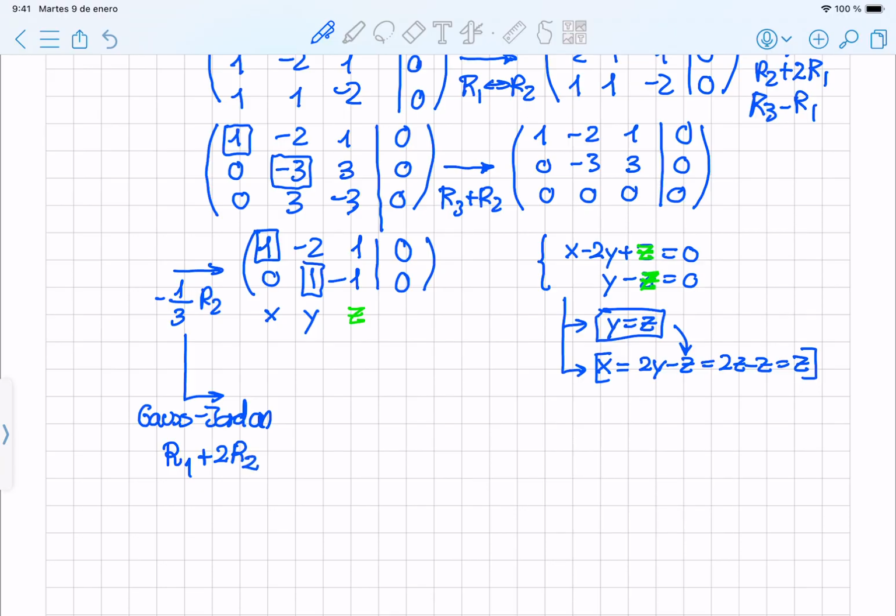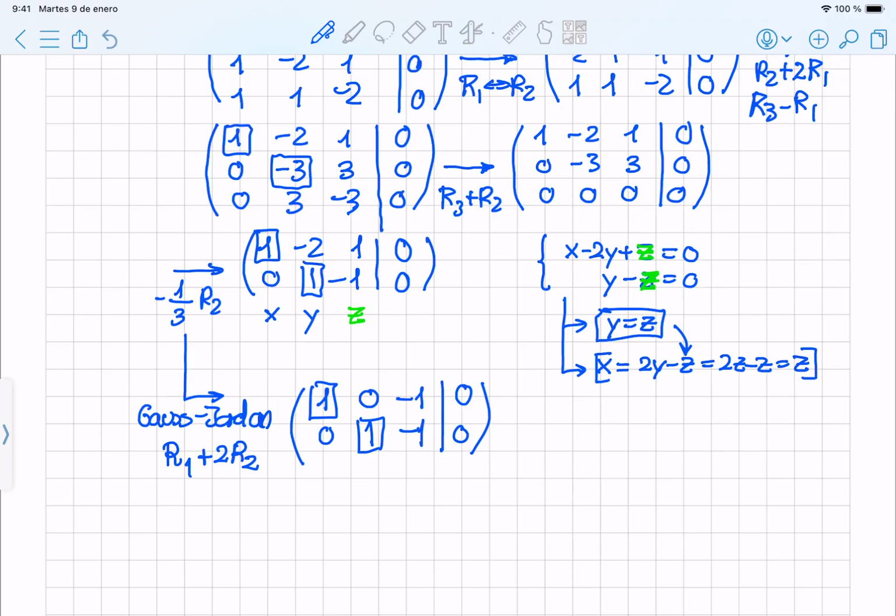If you do this, you eliminate the last of the zeros, and this will be 1, 0, -1, 0, 0, 1, -1, 0, and the pivots are the same.